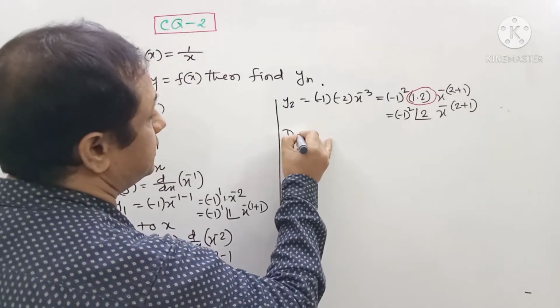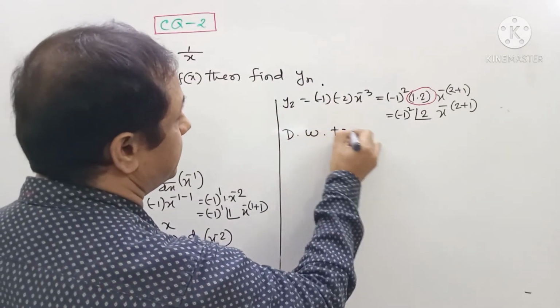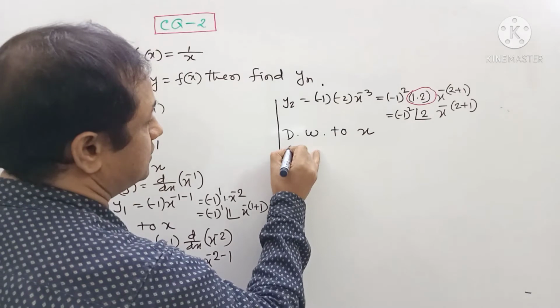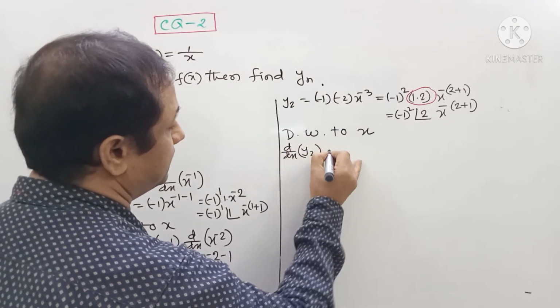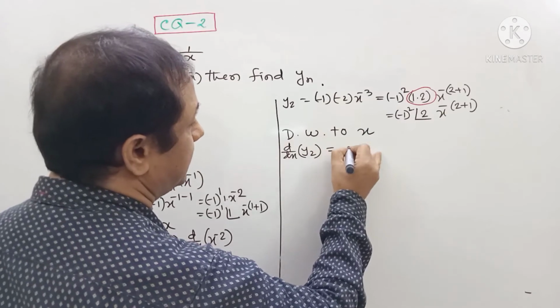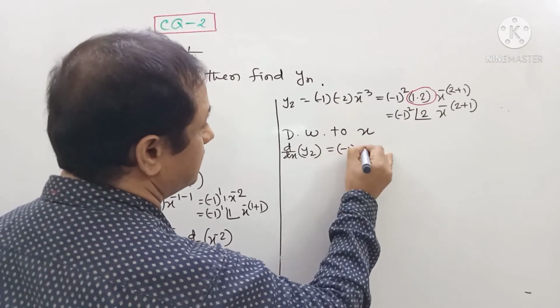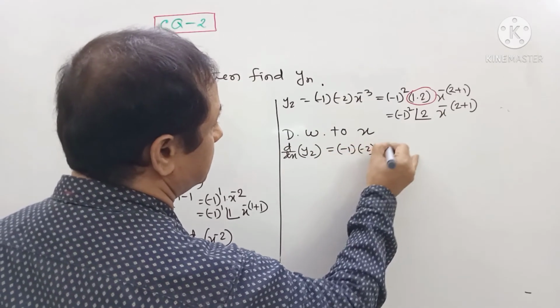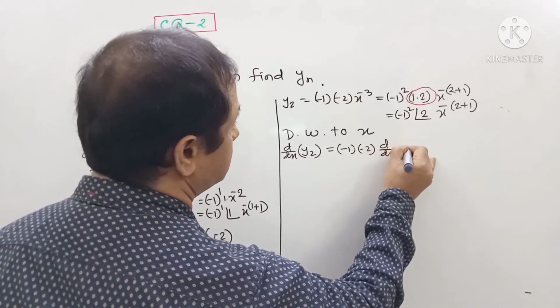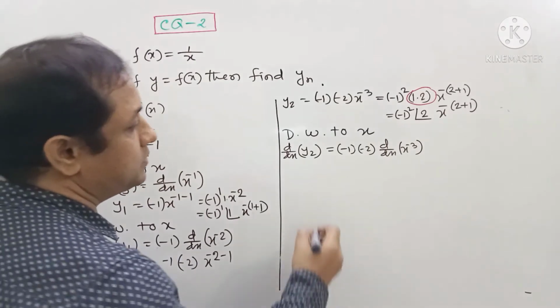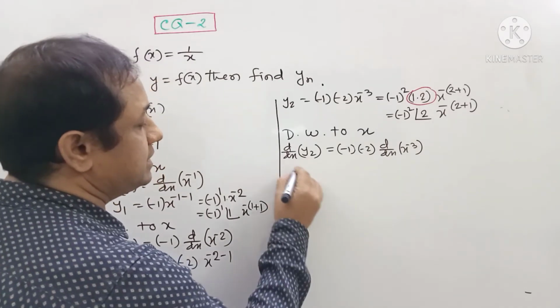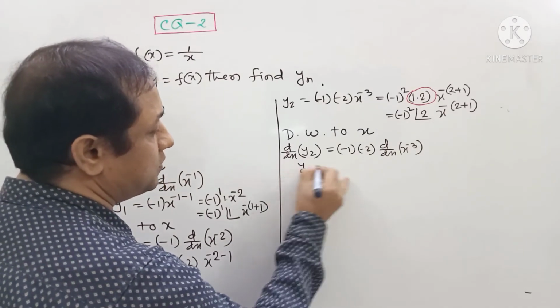So differentiating with respect to x, so ddx of y2 equals to minus 1 minus 2 ddx of x to the power minus 3. So student, we can write here ddx of y2 equals y3.